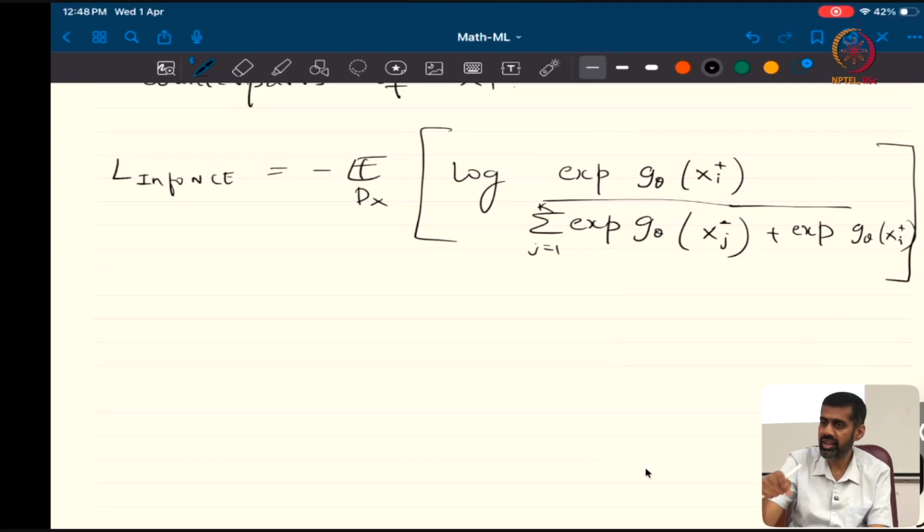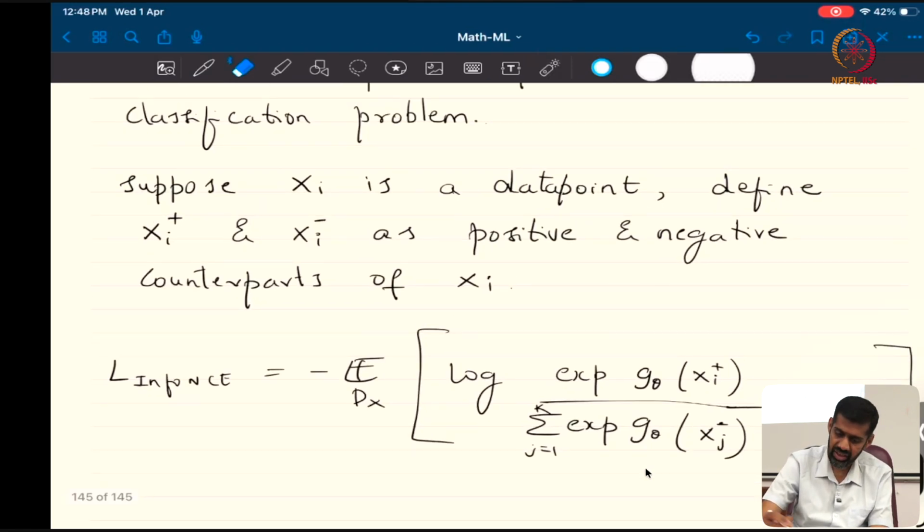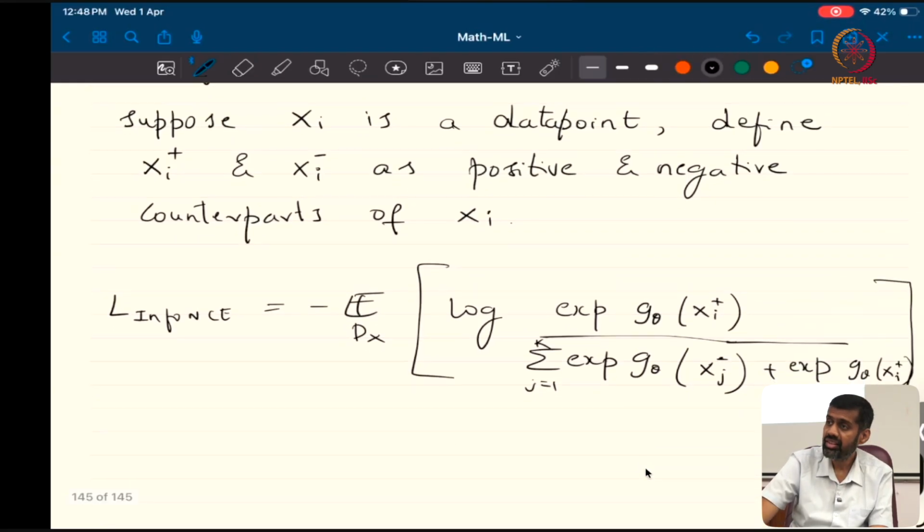Here the actual class is taken to be xi plus, and everything else is taken to be the negative class. In fact, in the way we have defined it, there are k number of negative samples here. For a given data point, there are k number of negative samples which are not coming from that particular class, and one of them is the positive class.